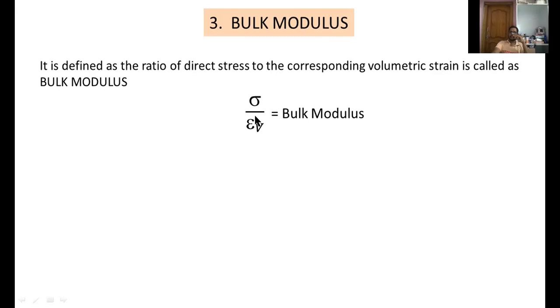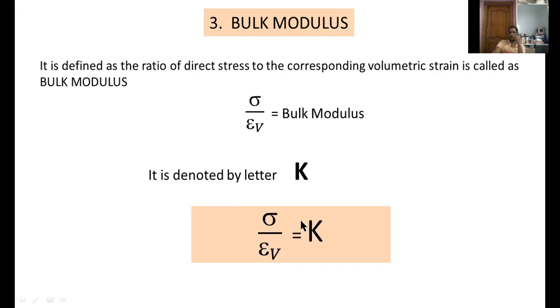Here the volumetric strain has no units, and therefore the units for bulk modulus are the same as stress. It is denoted by symbol K. So the formula for bulk modulus K equals sigma by epsilon v.